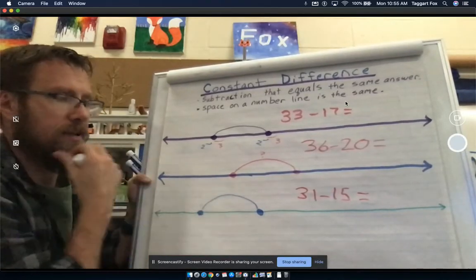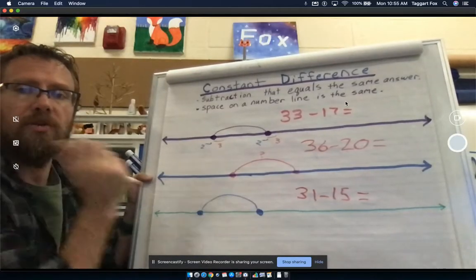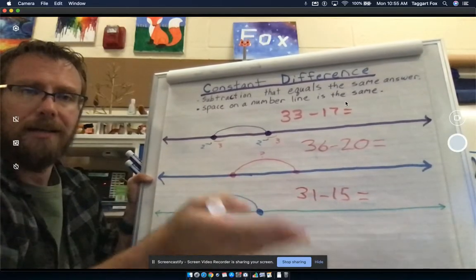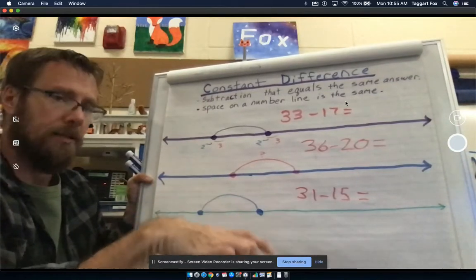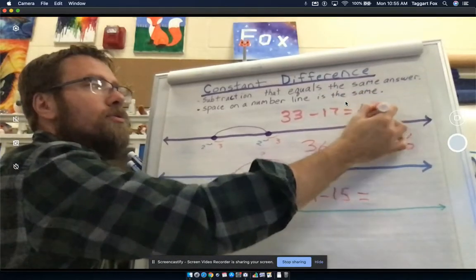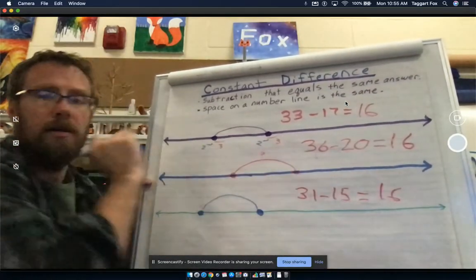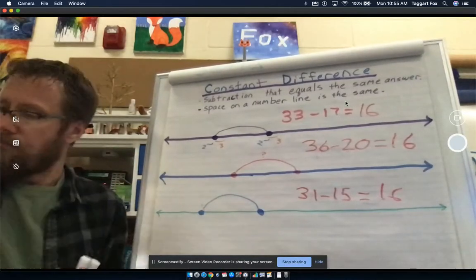And that one's not easier. This one's the one that's helpful. So 36, jumping back 20, 36, 26, 16. So my answer is 16. But the answer to the original is 16, and this one is 16 also. That is how it's helpful.